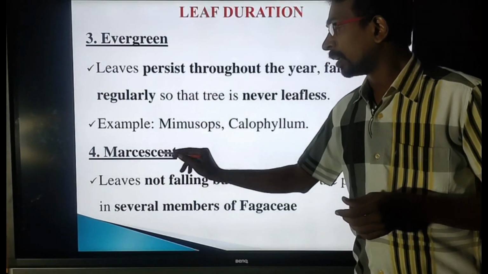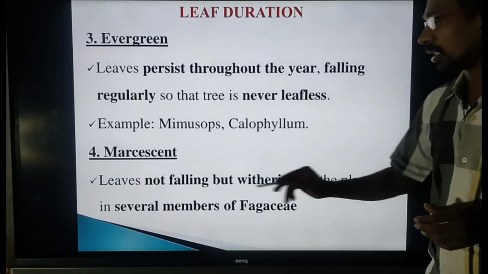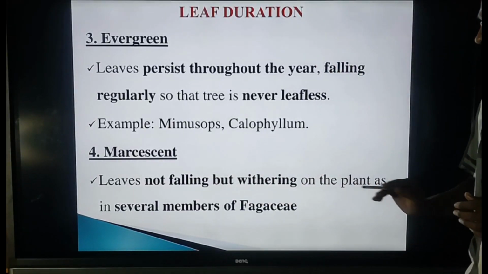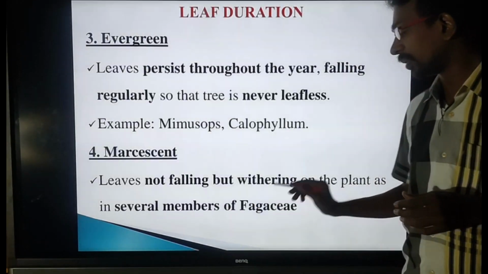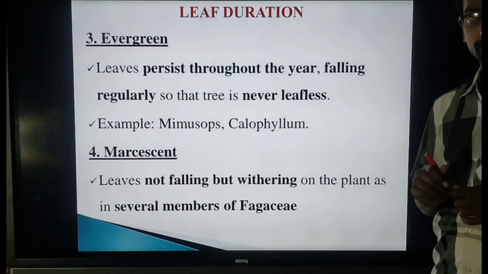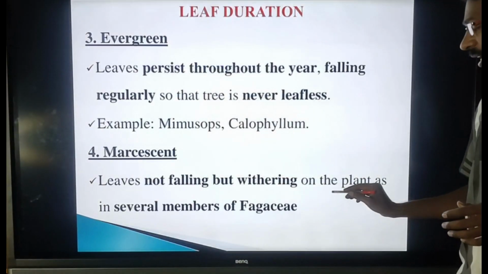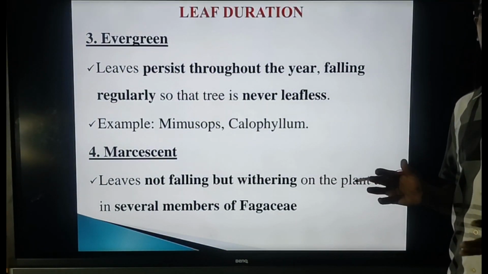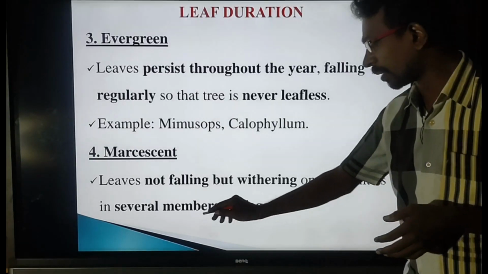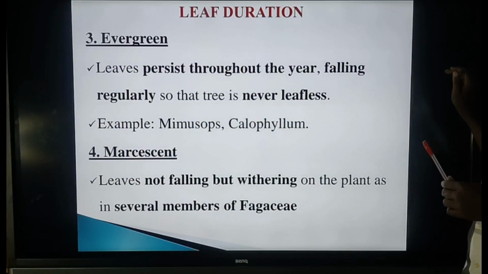Finally, marcescent. Here the leaf does not fall, but withers on the plant, as in several members of Fabaceae. Withering means drying up.